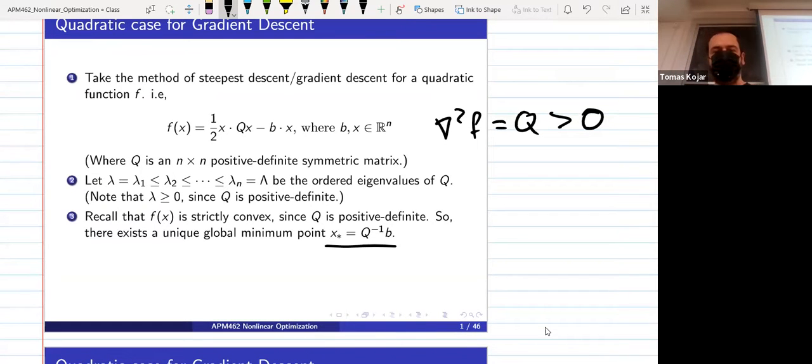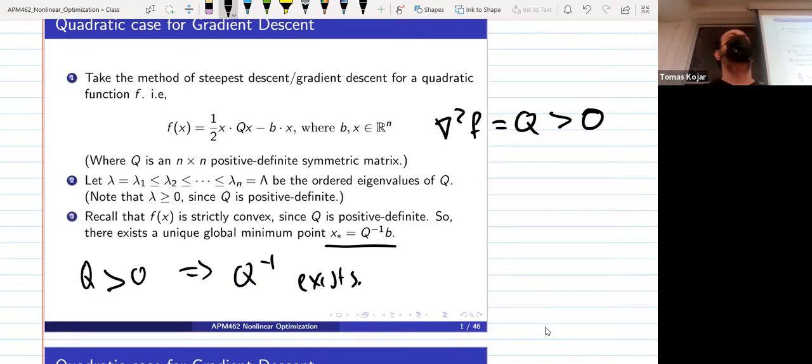If anybody remembers linear algebra, symmetric positive definite implies invertible. Can someone tell me very quickly why? Just to see how far your knowledge of linear algebra has gone. Because I will use eigenvalues. I want to see the level.